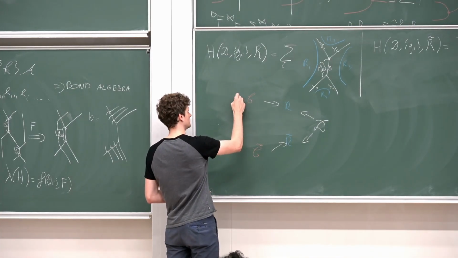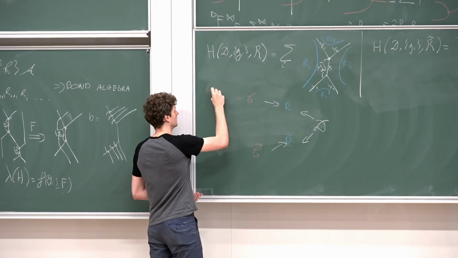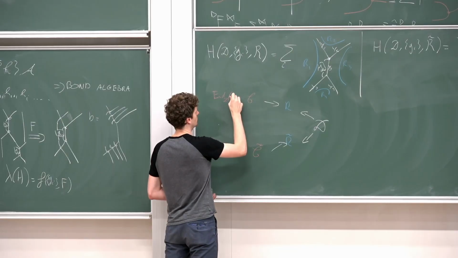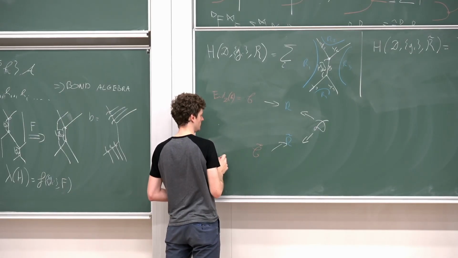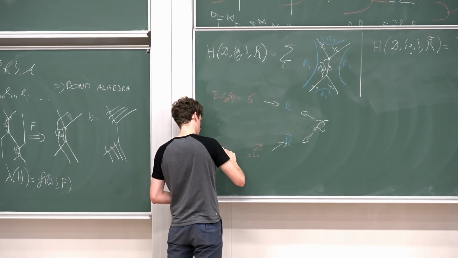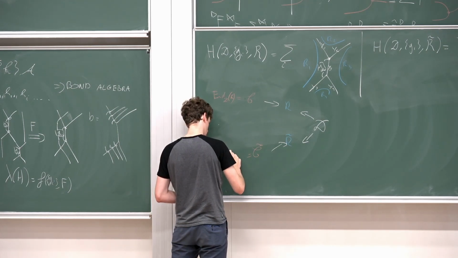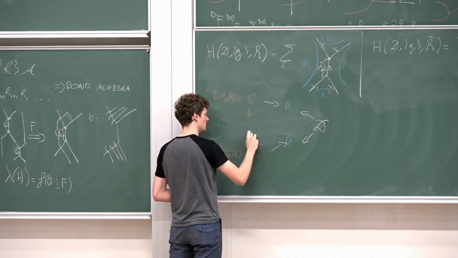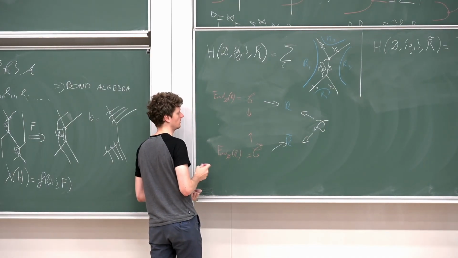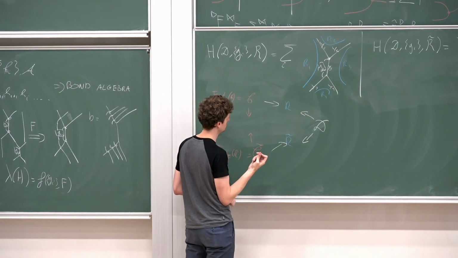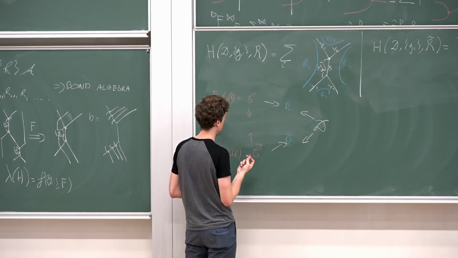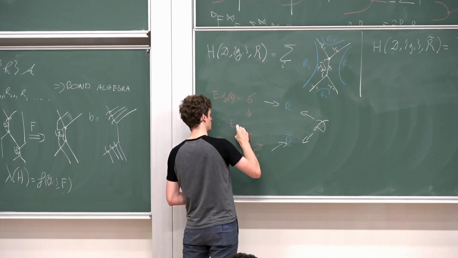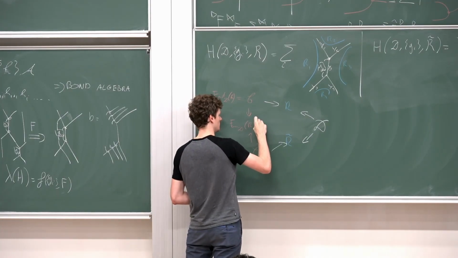So, if this guy is labeled by D of R, and this guy is labeled by D of R tilde, then it's going to be a domain wall in between these guys, which I don't really want to give a name, but you can denote it as the category of module functors from R to R tilde.